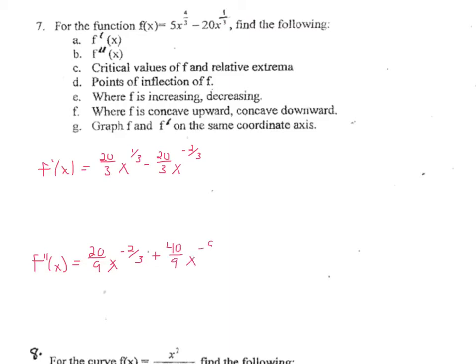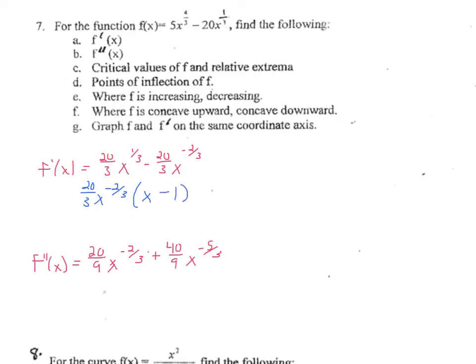So to find my critical values, I first want to find where the first derivative equals 0 or is undefined. So set that equal to, well, first I'm going to factor out a 20/3 x to the -2/3, which would give me 1/3 minus a -2/3 would be 3/3, so that will just be x minus 1.